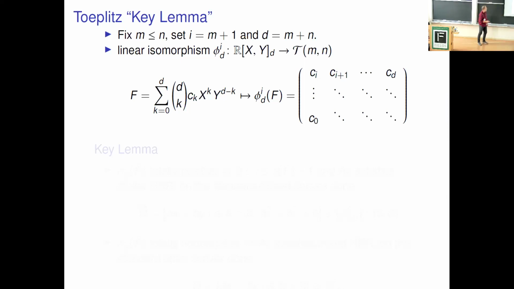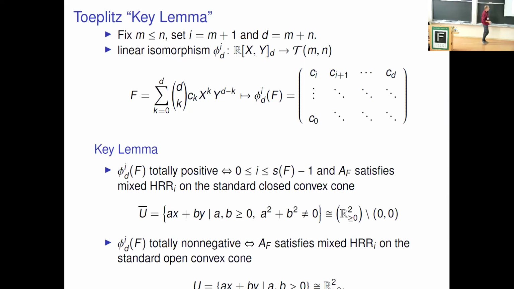Okay. So our key lemma is this. The phi ID matrix of F is totally positive if and only if I is less than the Sperner number of A sub F, where A sub F is the algebra generated by F in the Macaulay dual sense, and that algebra satisfies the mixed Hodge-Riemann relations in degree I on the standard closed convex cone that I'll write as U bar.